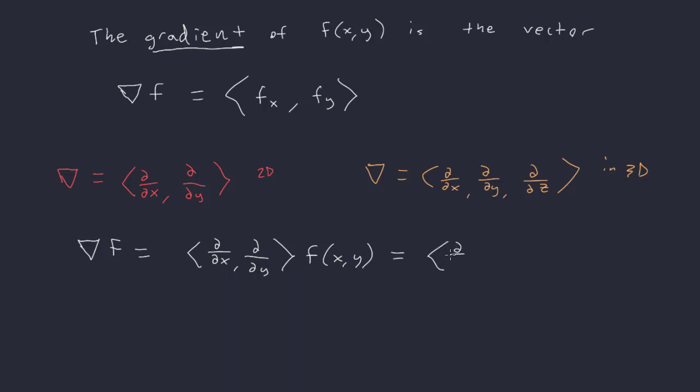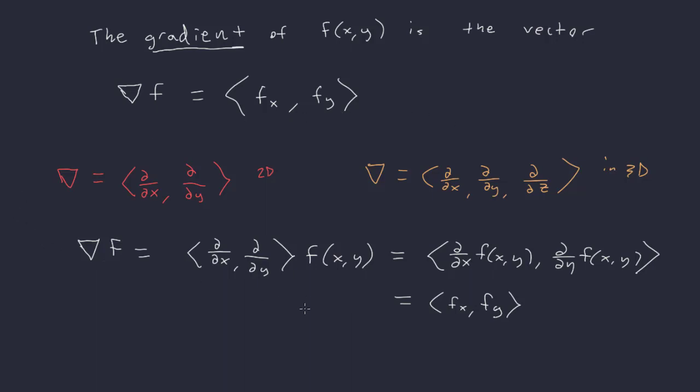So it comes out to be the partial with respect to x of f of x, y and the partial with respect to y of f of x, y. Or simply f sub x comma f sub y. So that's the gradient.